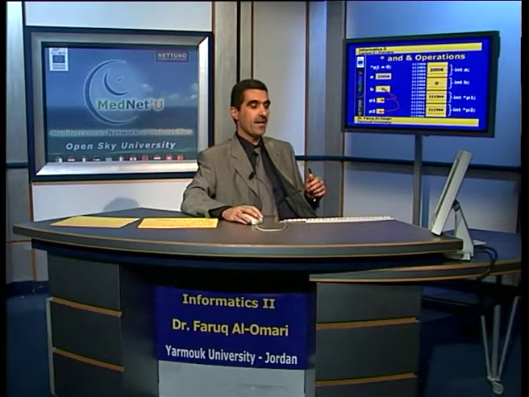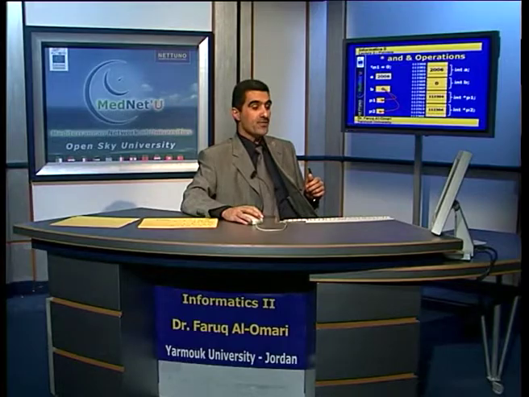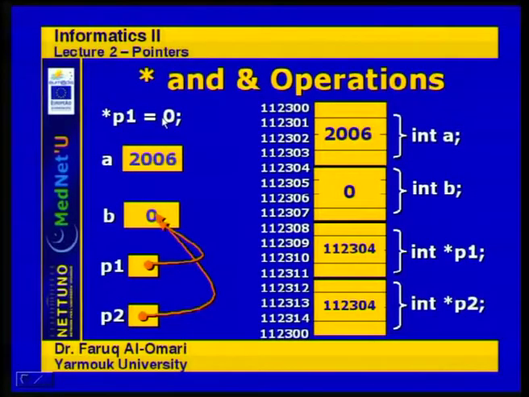If I say something like now, asterisk P1 equals to 0, then I'm putting a 0 at the location in memory pointed by P1. And now P1 is actually, as we know, is pointing to the variable b. So this statement is actually equivalent to something like b equals to 0.